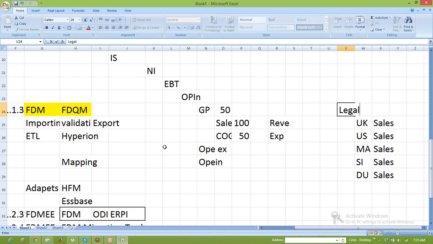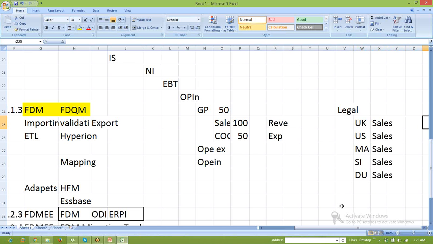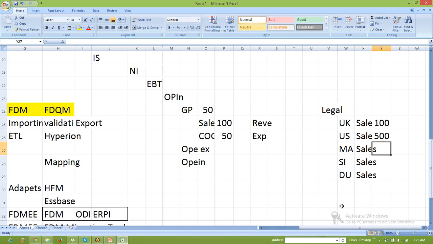So I need to load the data from each location for each member. Here sales I have loaded as 100, 500, 600, 500, whatever data we have loaded into the respective entity for each member.